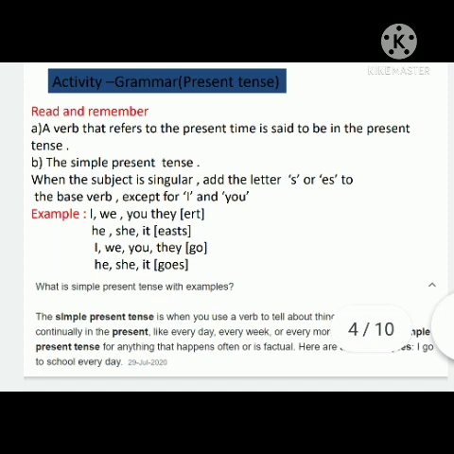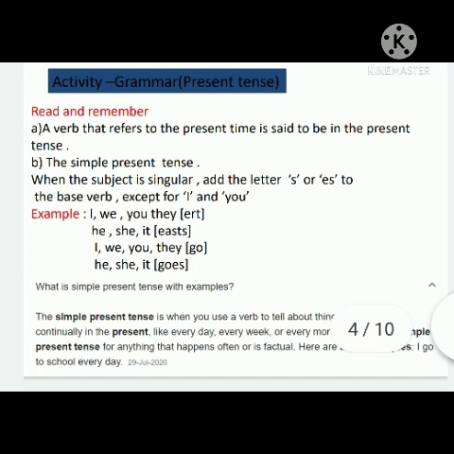Go is a verb, and we have to add es. Adding s or es to singulars and plurals, everybody usually knows how to do.